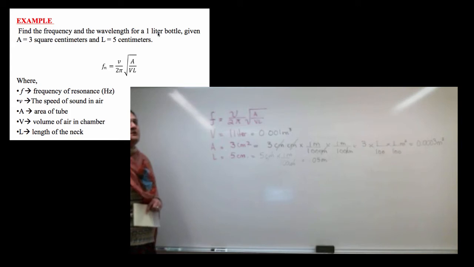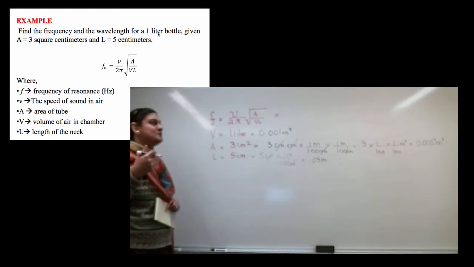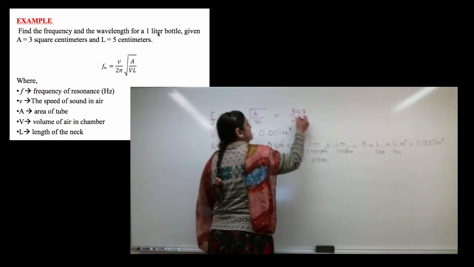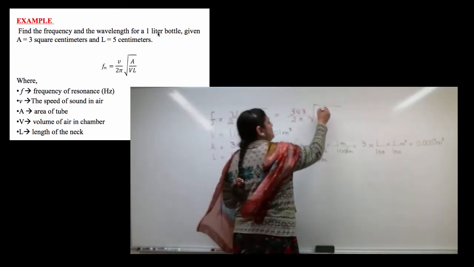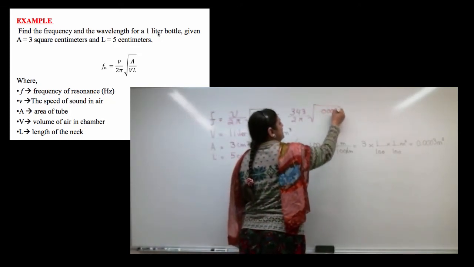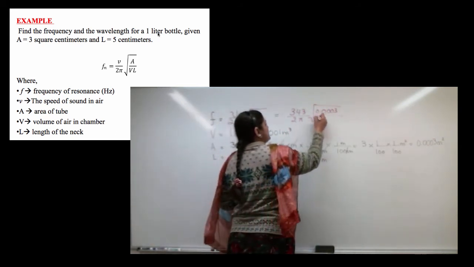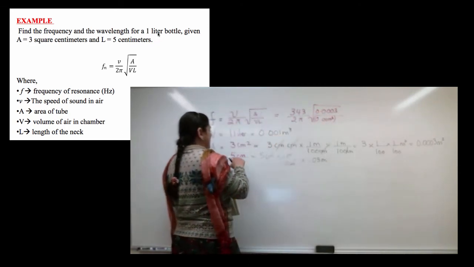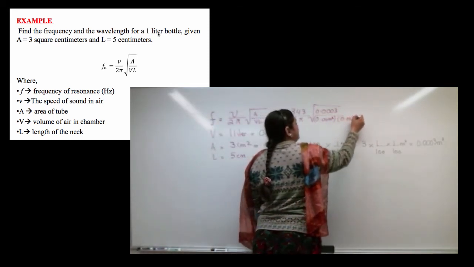It's 343, assuming that we're talking about room temperature conditions. So we have 343 divided by 2 pi times the square root of A, which we calculated to be 0.0003, divided by V, which we calculate to be 0.001 meter cubed, and then we calculated L to be 0.05 meter.